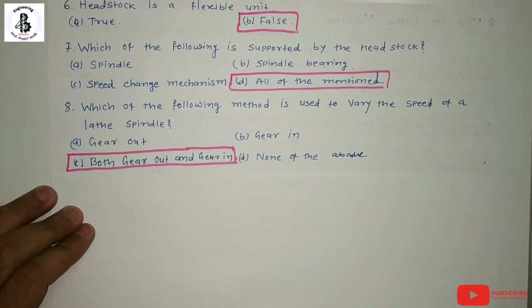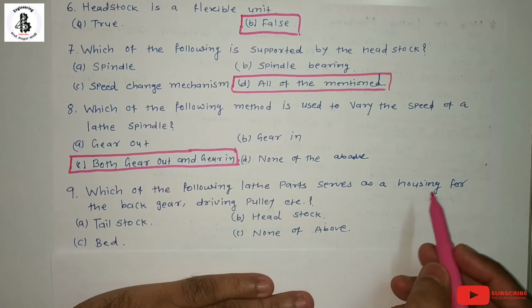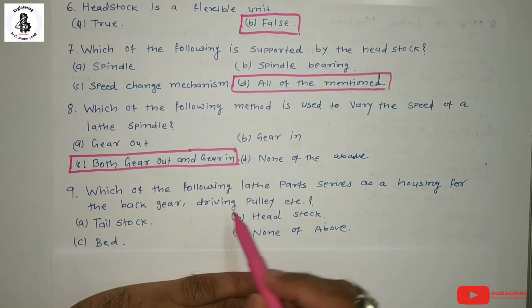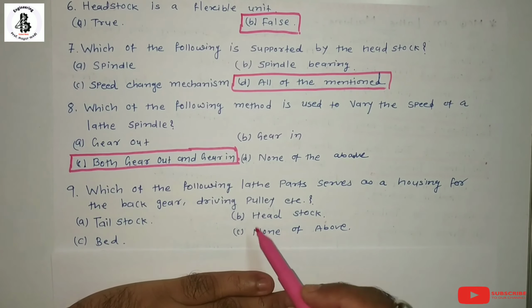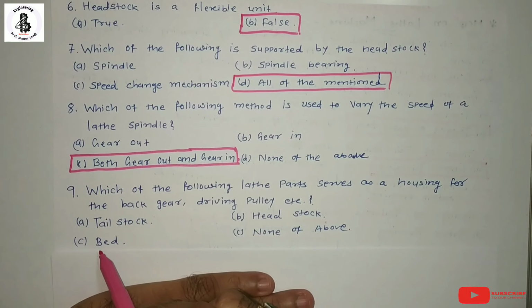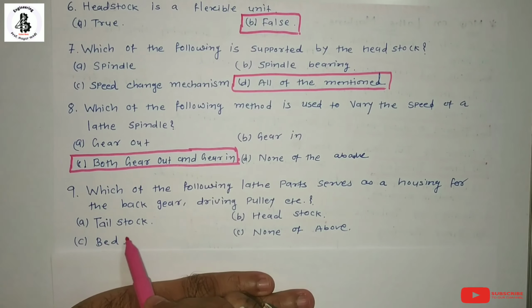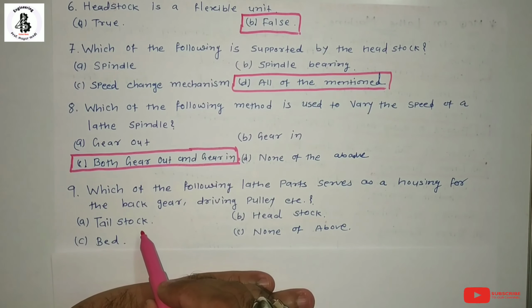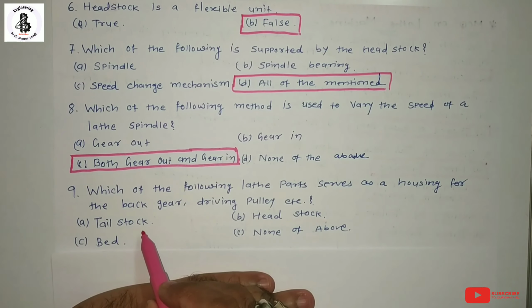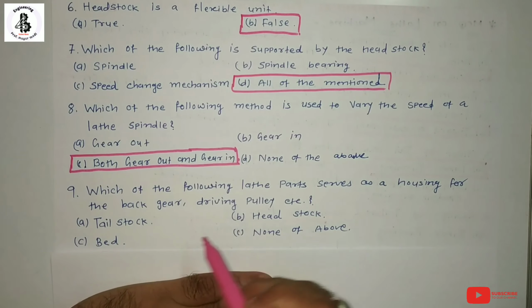Then next question. Which of the following lathe parts serves as a housing for the back gear, driving pulley, etc.? Option A, tailstock. Option B, headstock. Option C, bed. And option D, none of the above. Basically the tailstock is used to support the job when it is of large size, so it is not considered the housing for the back gear and driving pulley.